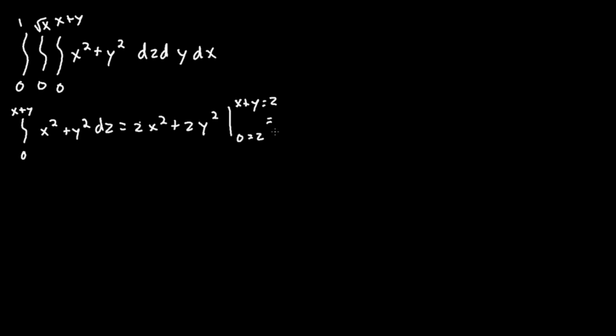When you plug in x plus y, you get x to the power of 3 plus y times x squared plus x times y squared plus y cubed. Okay, this is now our new integrand when we're integrating with respect to y.